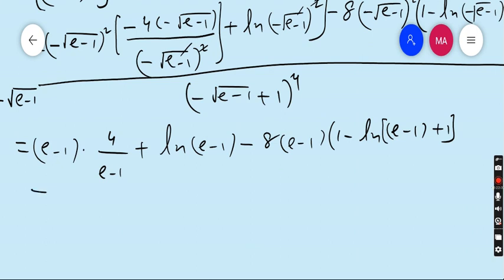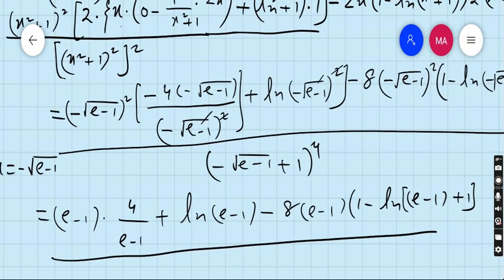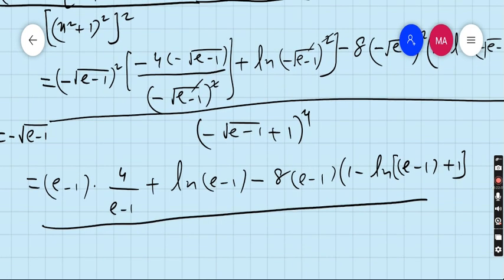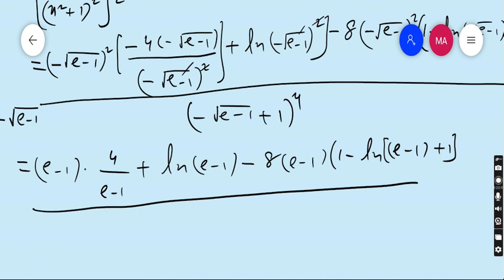Upon, sorry, I forgot to write e square. So e minus 1 plus 1 whole square.